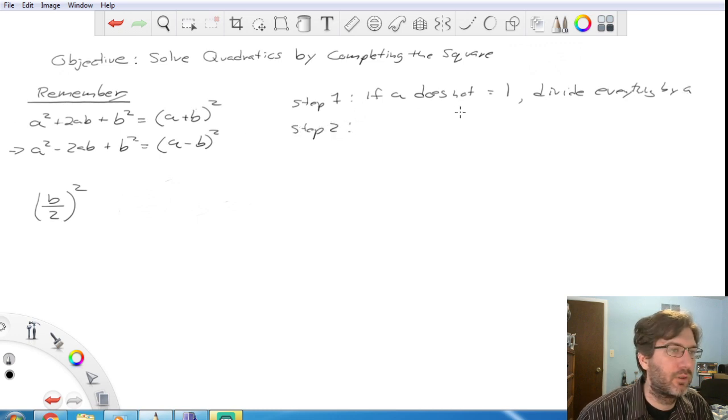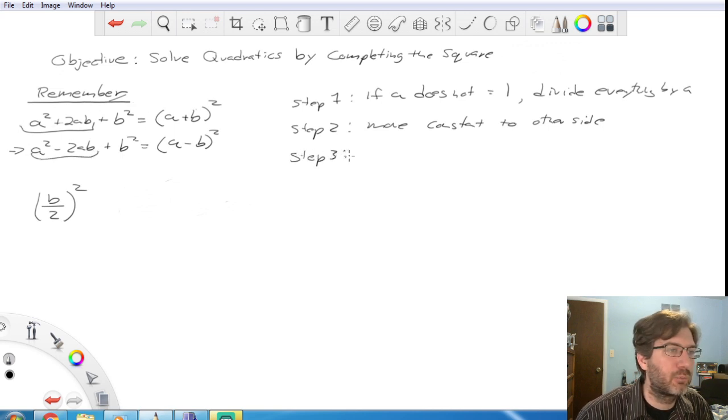Step 2 was get it equal to 0, I think. Yeah. Get the c term, the constant, to the other side, so you just have these two terms on one side.